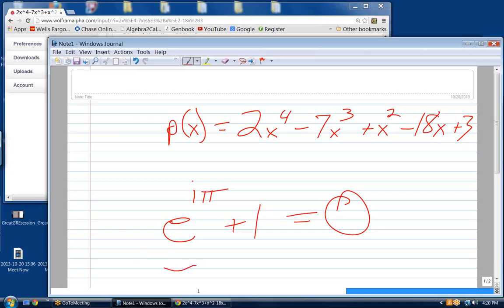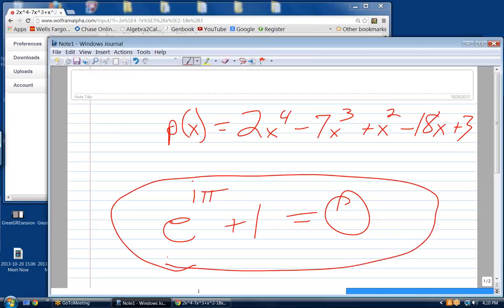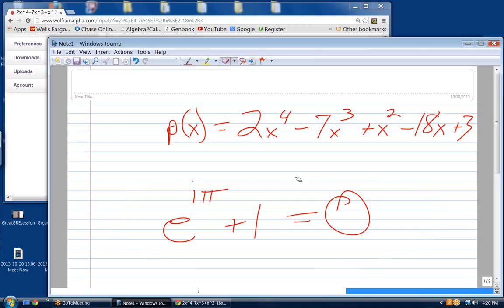The fact that they would go together like that is astounding. Given that i is the square root of negative 1, given that pi is 3.14 whatever, given that e is 2.71, the fact that e to the i pi plus 1 equals 0 was only discovered a couple hundred years ago by a man named Euler. So that's called Euler's formula.